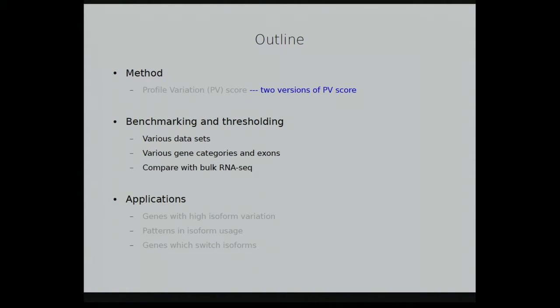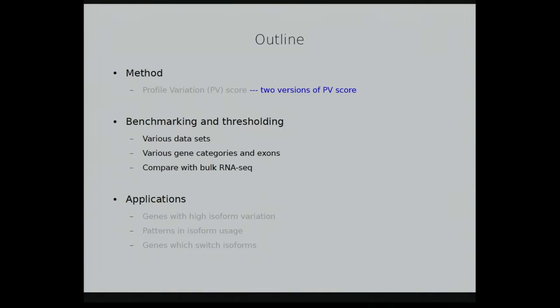In particular, for the thresholding part, we actually used the PV scores of exons, which I will give more details on later. And we are also always interested to see if it is consistent with the results that we get from bulk RNA-seq data together with bulk RNA-seq tools, and what is different.